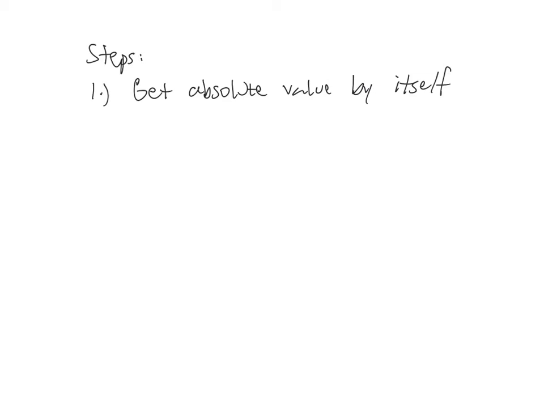So you don't want any adding, subtracting, multiplying, or dividing on the outside of the absolute value. Inside is fine. But if there's anything on the outside, you want to move that over to the other side of the equation. Okay, and I'll show you what that looks like in a minute.